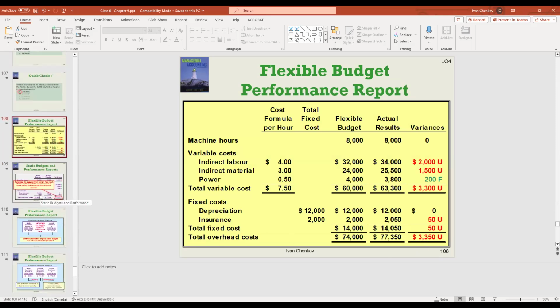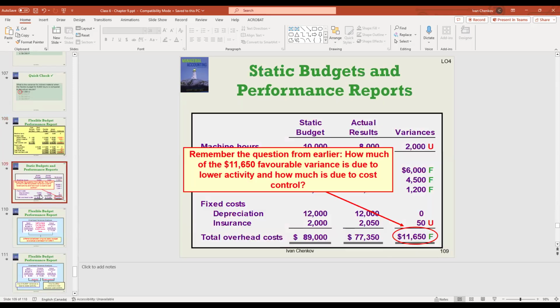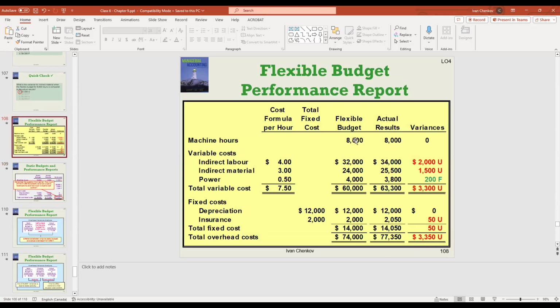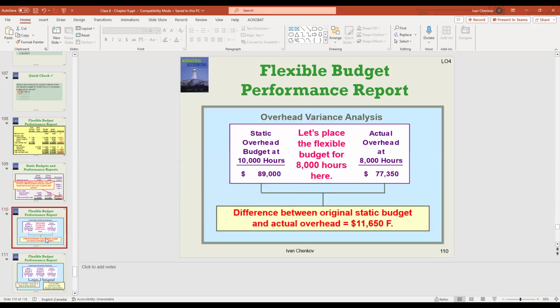So technically we're overspending. Again, 11,650 when we're comparing static to the actual. When we're comparing the flexible budget adjusted to the level of the actual results, it shows that we're overspending 3,350. That's a huge difference, isn't it?